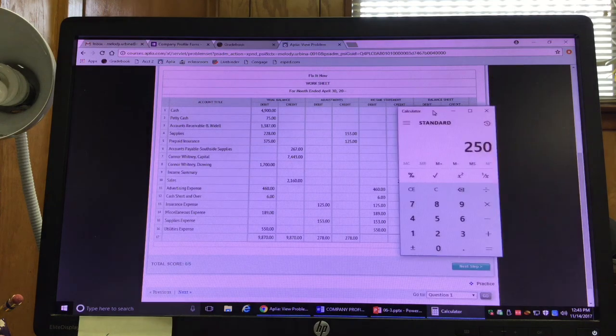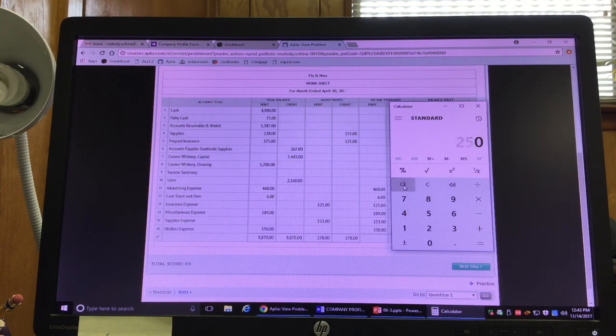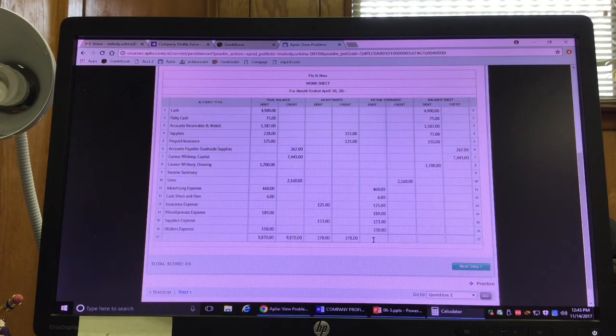The first set is $460 plus 6 plus 125 plus 189 plus 153 plus 550 for a total of $1,483. On the credit side, there's just one amount, so I'm just going to rewrite it, $2,160.